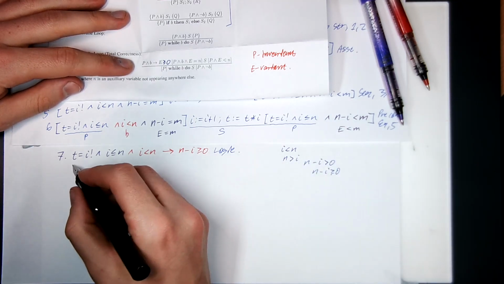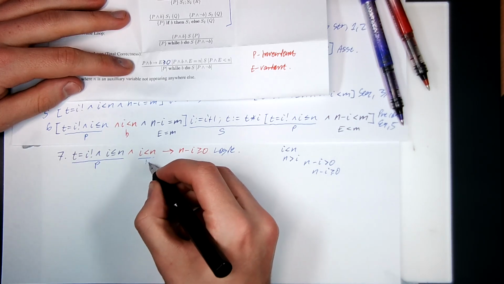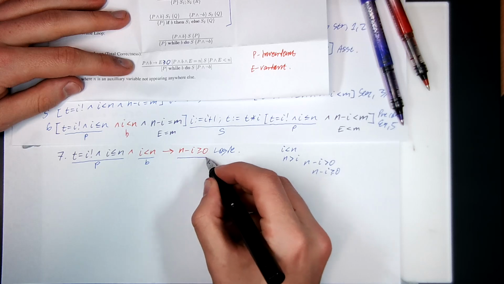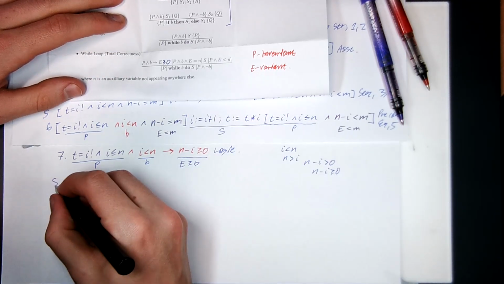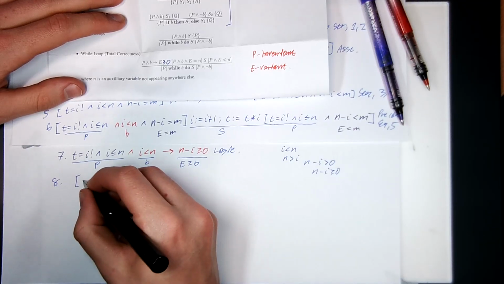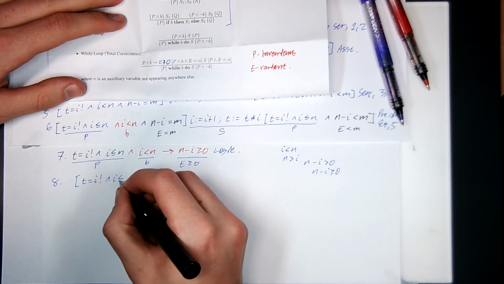I've got P and B implies E greater than 0. So then I can apply this new rule here to obtain P, T equals I factorial, and I less than n.